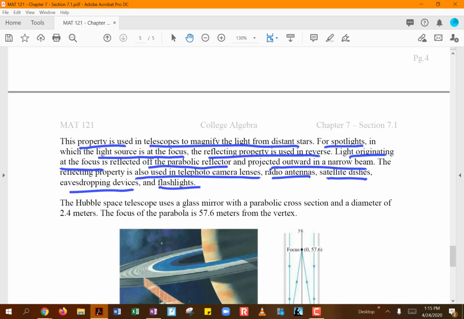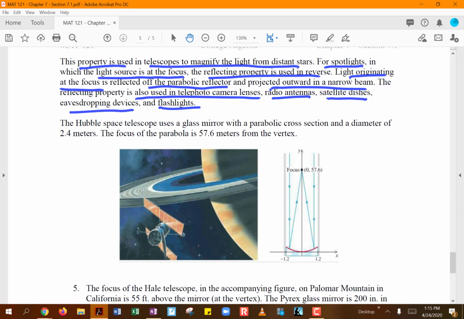That's how radio antennas, satellite dishes, all of them work in that same way, and even the eavesdropping devices.